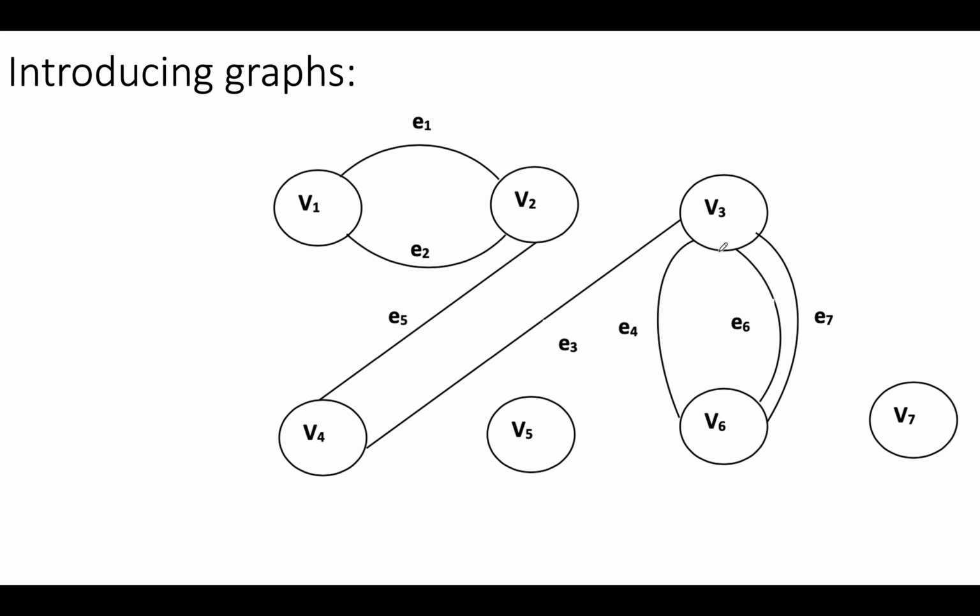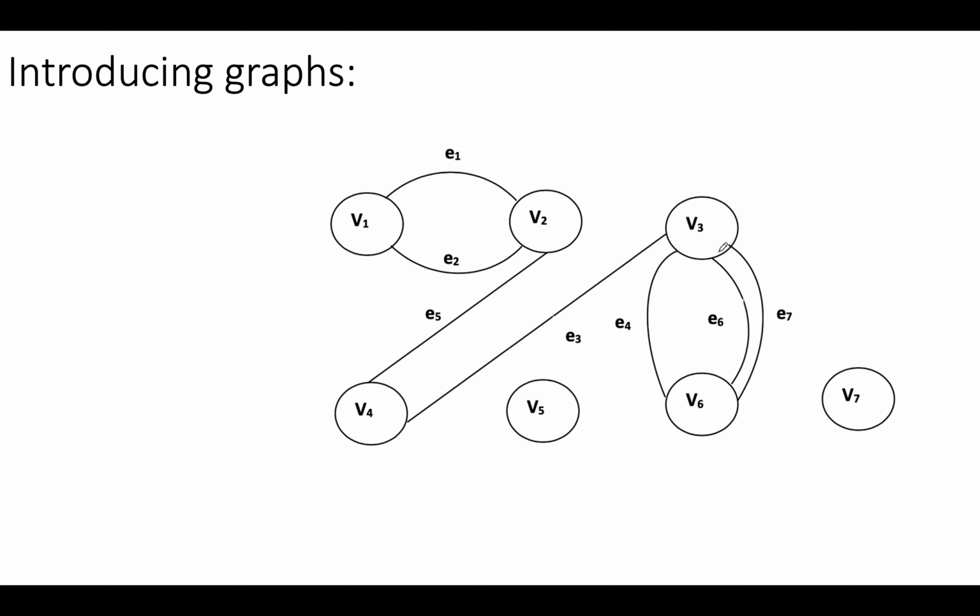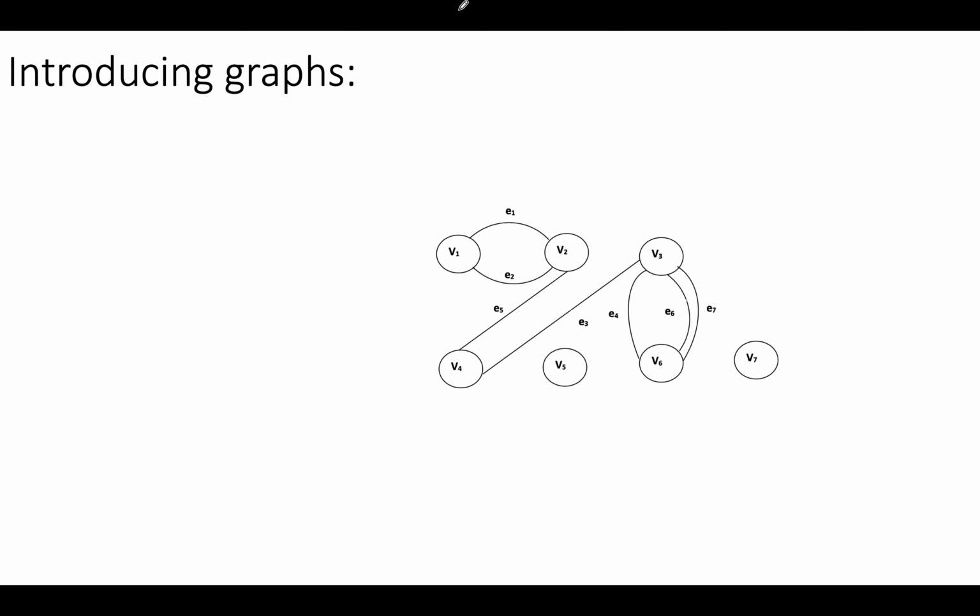Okay. So let's consider we have this graph here. We will introduce some terminologies on this graph. So to start with, let's first identify our graph. The following graph consists of vertices, edges, and a G function.